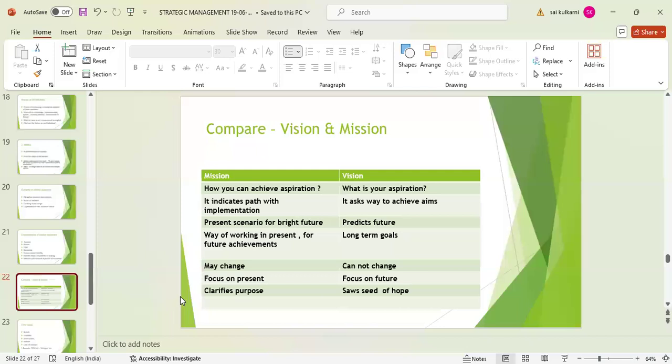Now next, the mission statement clarifies the present scenario for a bright future. So for a bright future, you are working in the present. How you are working in the present is your mission statement. And in the vision statement, the organization predicts the future.